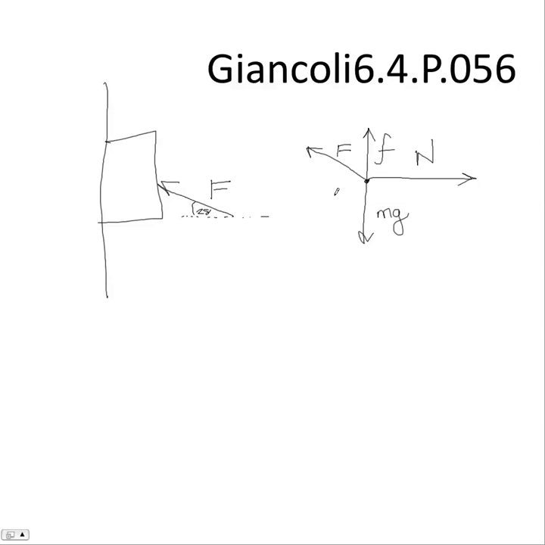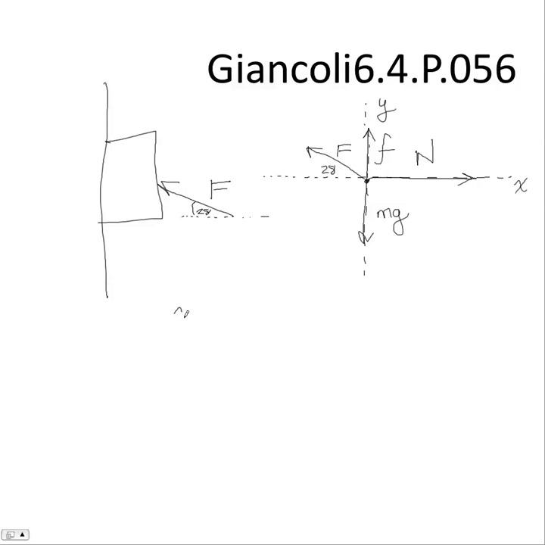So now that we've got our free body diagram, we can put our axes in. I'm going to go ahead and put them the regular way, even though it's going to look really weird. There's my x-axis. Here's my 28 degrees. And here's my y-axis. There.